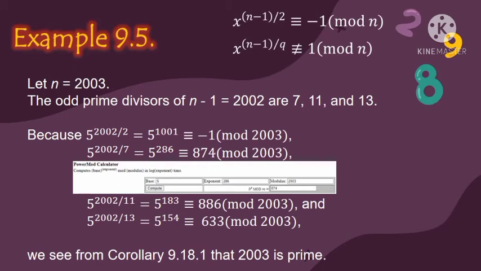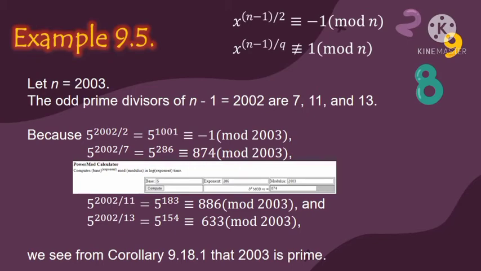So from the definition, x raised to n minus 1 divided by q is not congruent to 1 modulo n. So as long as our least positive residue will not equal 1, if we use the second equation, the odd prime divisors of n minus 1, we see from Corollary 9.18.1 that 2003 is prime.